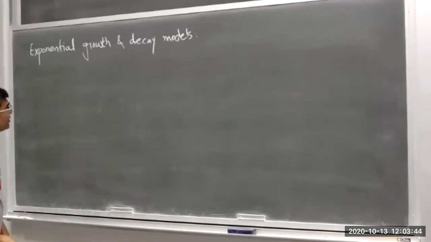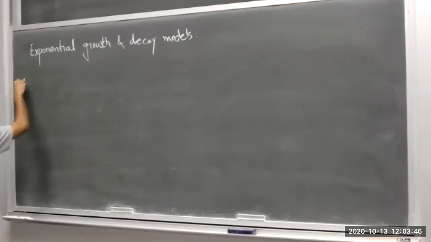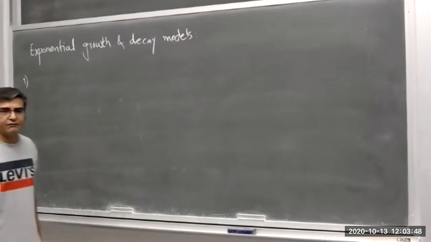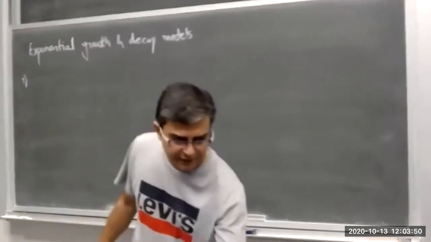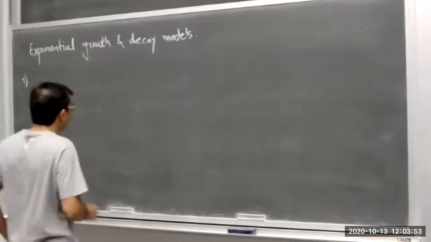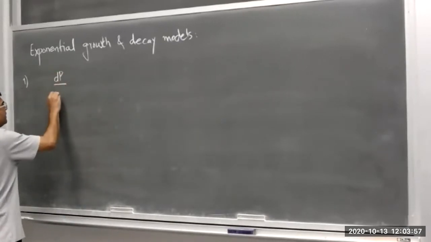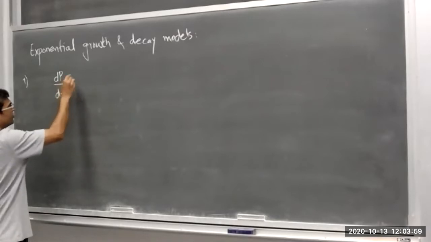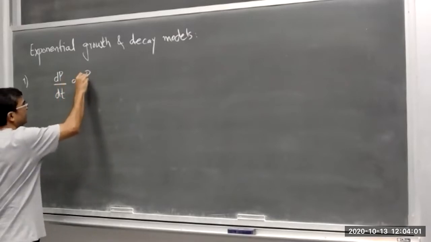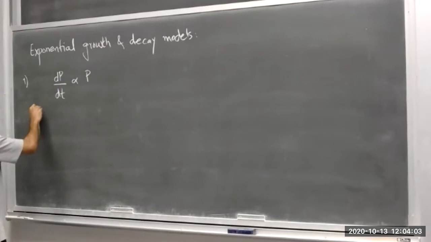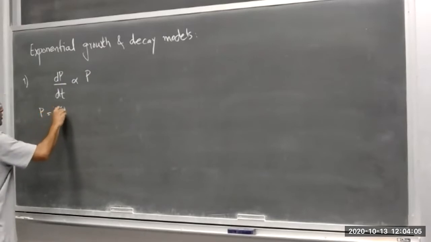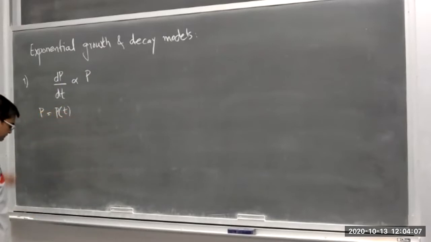In the population growth models, we discussed that any population which grows at a certain rate can be modeled by using the equation dp by dt. It is proportional to basically p, where p of t, where t is time.